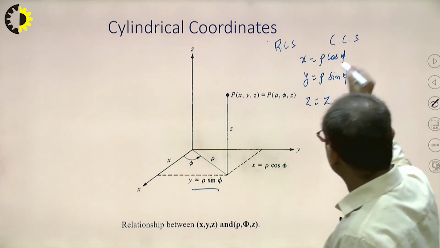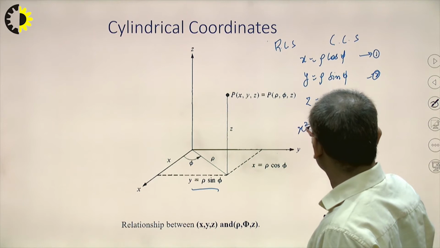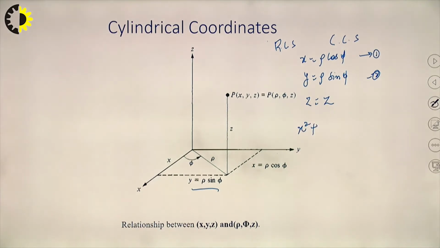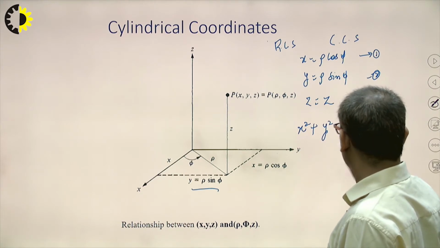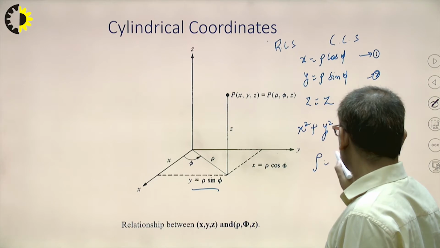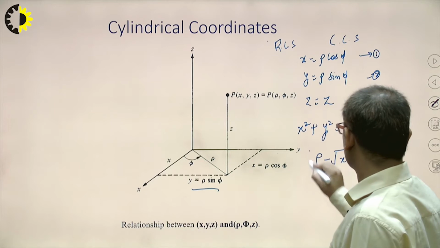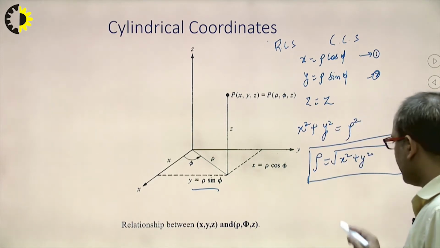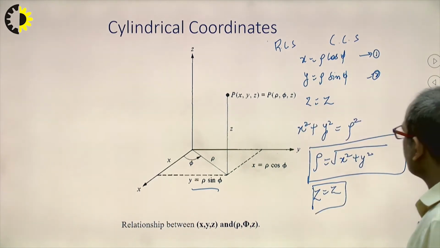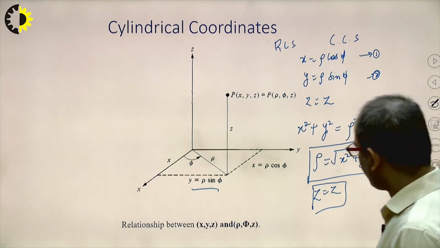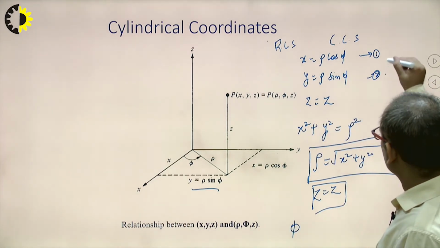Now you will see here, on squaring and adding equations 1 and 2, you will get x square plus y square equal to rho square. That will be rho equal to under root of x square plus y square, and z will remain the same. Now if I want to calculate phi, how will you get it?